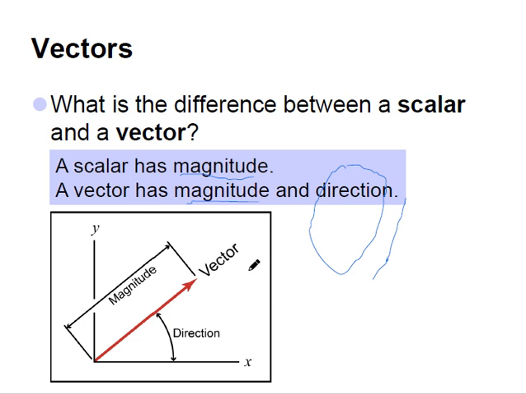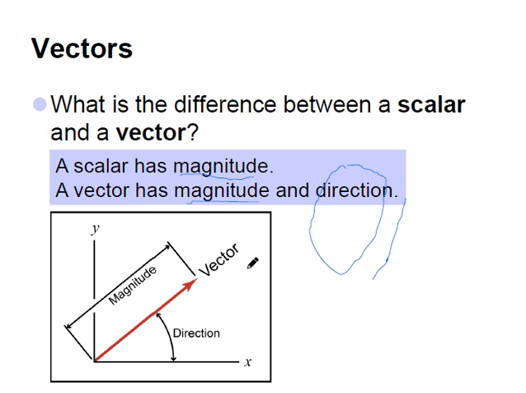So in a vector, your magnitude, here in this diagram we're showing with the arrow, is the length of that arrow from here all the way to here, and that is your magnitude. It represents how strong or how large that quantity is.